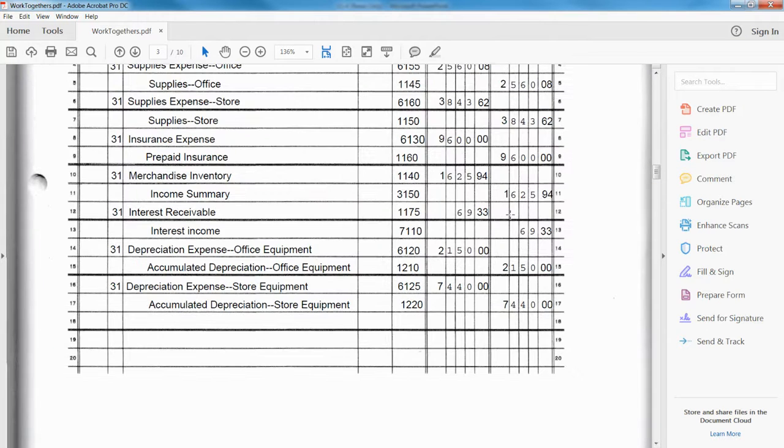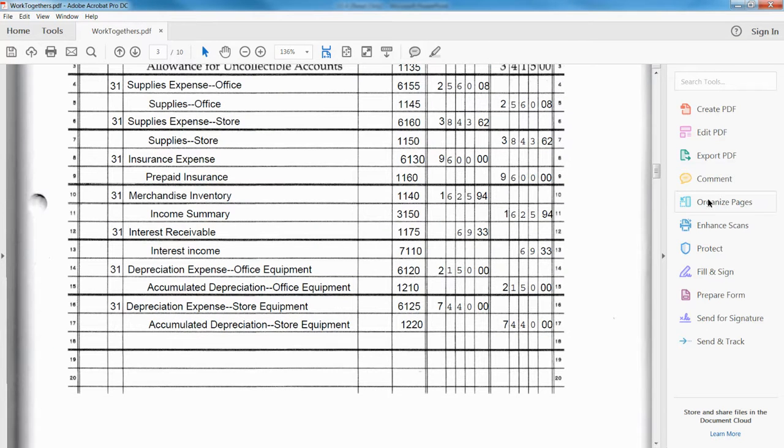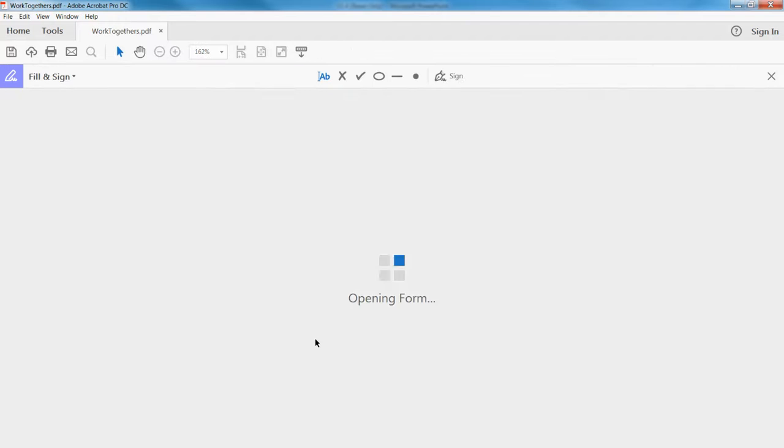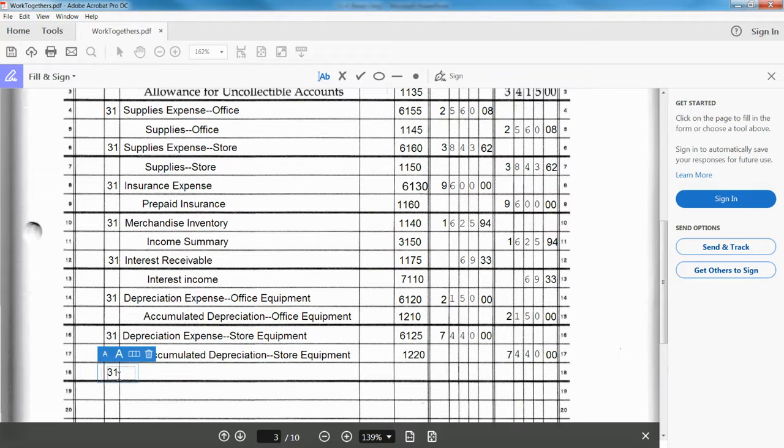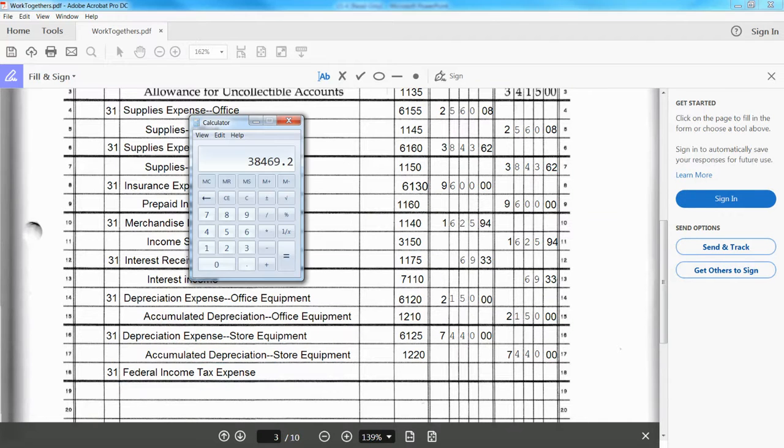So when I get back to the journal here, on the 31st, we have federal income tax expense, and we calculated 38,469.20. There was 32,000 already in there.